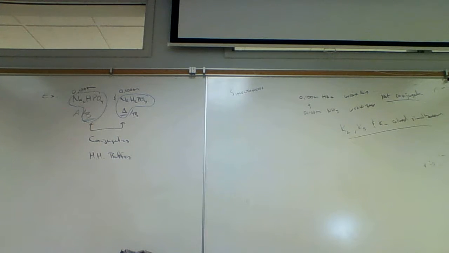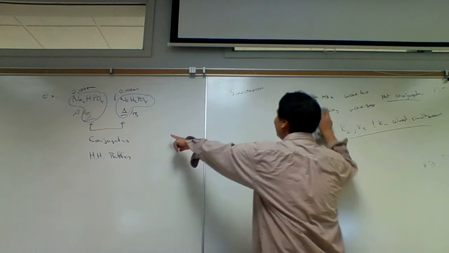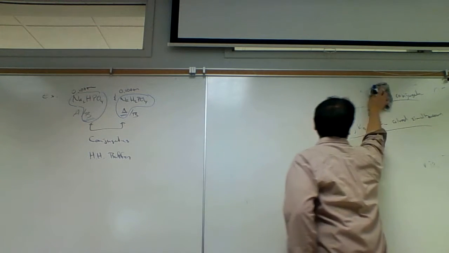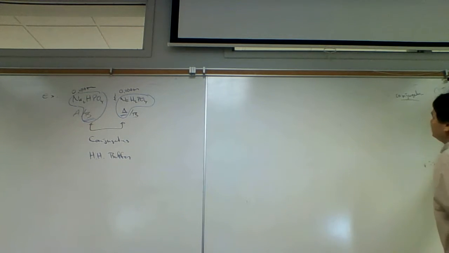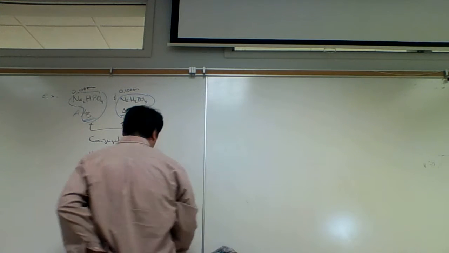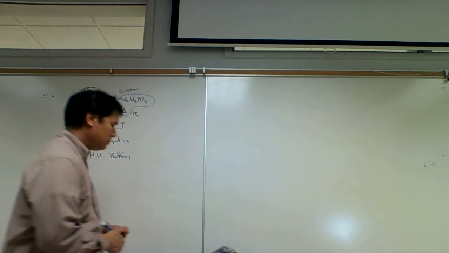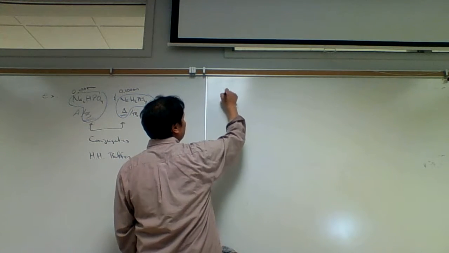One was the amphoteric, which we had to solve simultaneously. Two was the weak acid, weak base combination that were unrelated, like acetic acid and ammonia, that we have to solve simultaneously. But fortunately, this one, we don't have to solve simultaneously. We just pick Ka or Kb, and in this case we pick Ka and solve the Henderson-Hasselbalch. And so let's take a look at HH buffers.